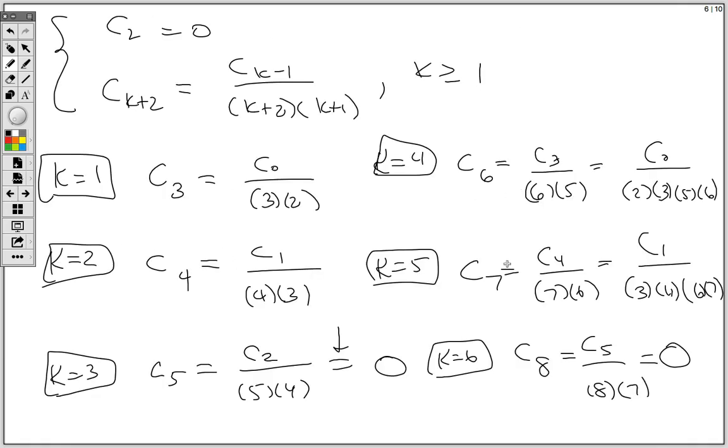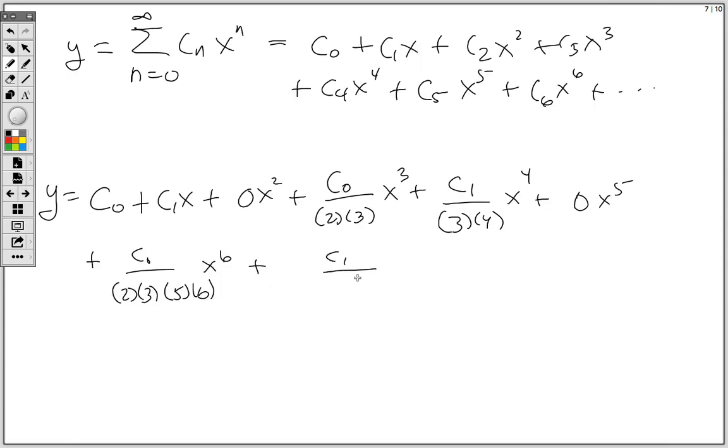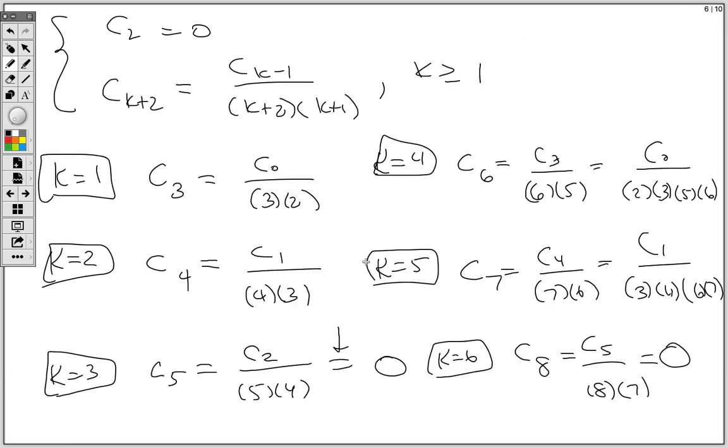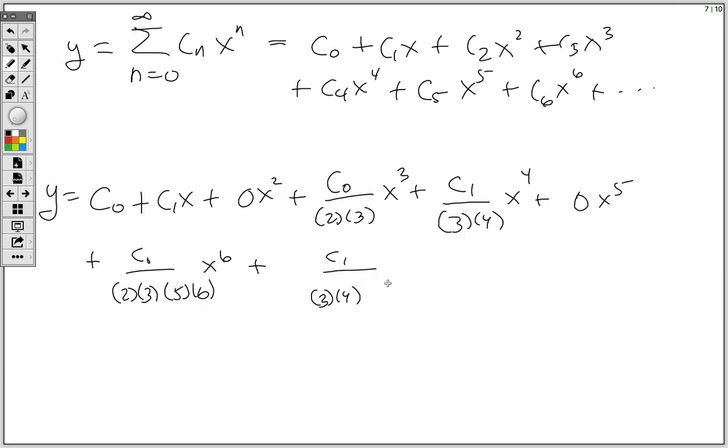Plus c7, we got in terms of c1. c8 was 0. And once again, assuming we're working within the interval of convergence, we have absolute convergence, which means I can rearrange and regroup however I like.